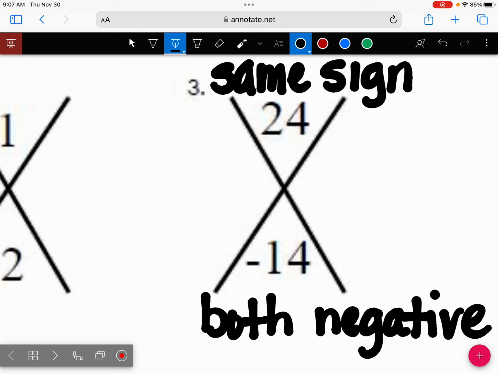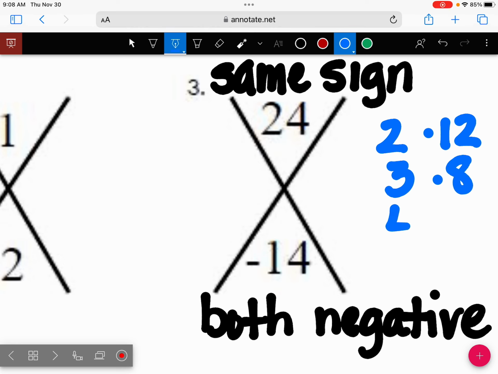So all the places where you see a 24, you should see it in the 2s. You should see it in the 3s. You should see it in the 4s.